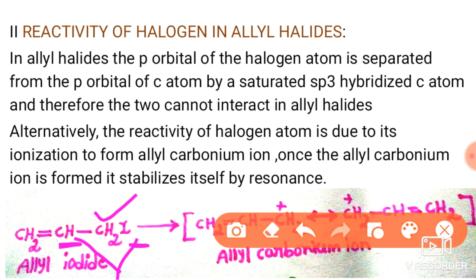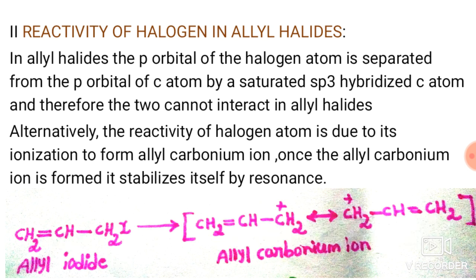Alternatively, the reactivity of the halogen atom is due to its ionization, that means complete removal of the halogen, to form an allyl carbocation. Once the allyl carbocation is formed, it stabilizes itself by resonance.